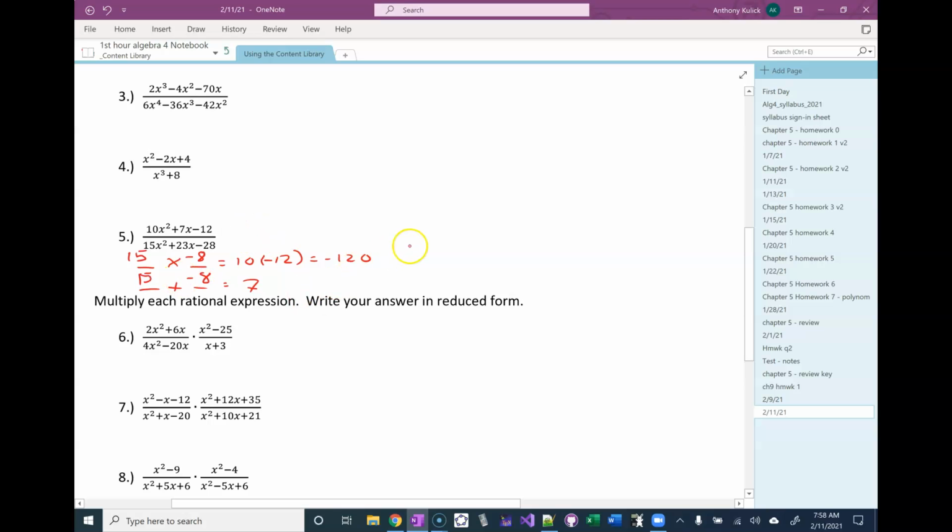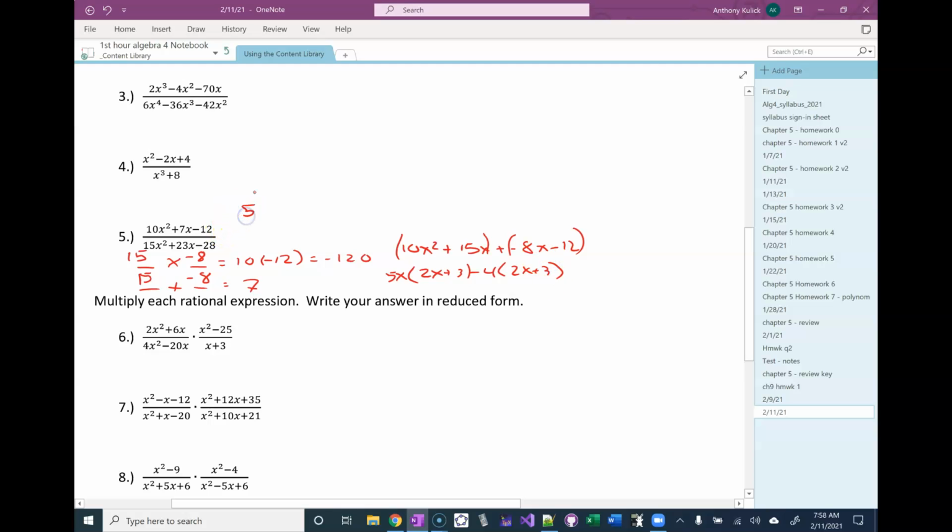So I can say 10x squared plus 15x minus 8x minus 12. I can take out a 5x, leaving me with 2x plus 3, and then take out a negative 4, which again leaves me with 2x plus 3.